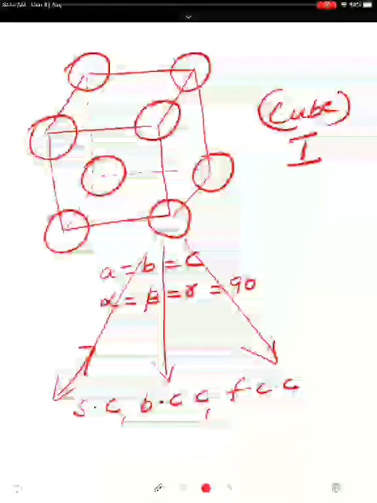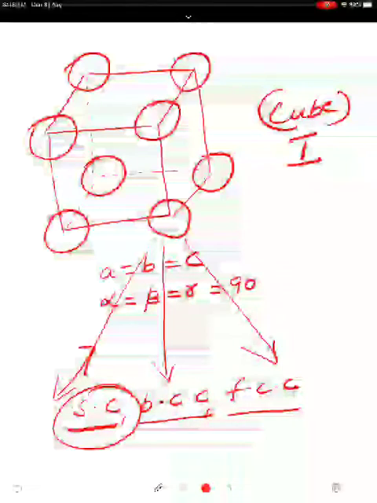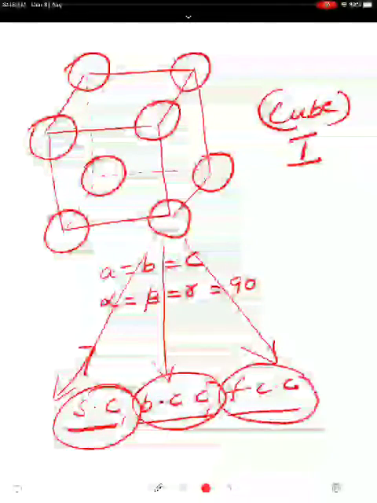That is simple cube, which we call primitive only, body centered and face centered. These are the variations we say.